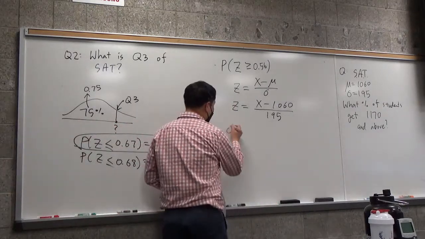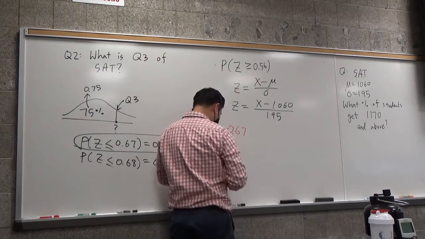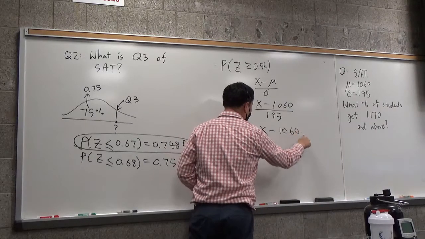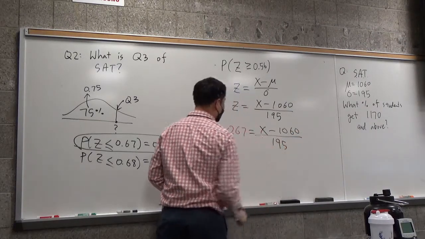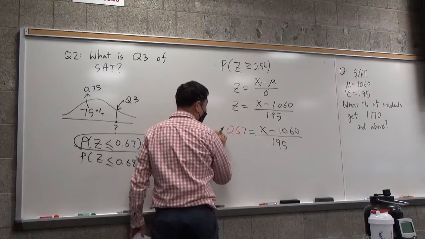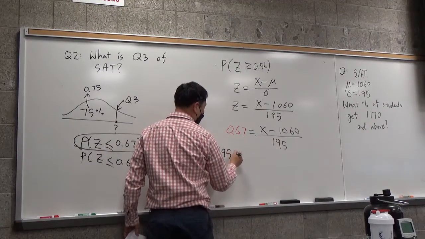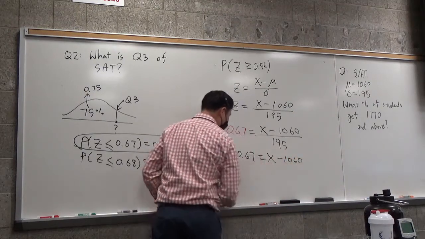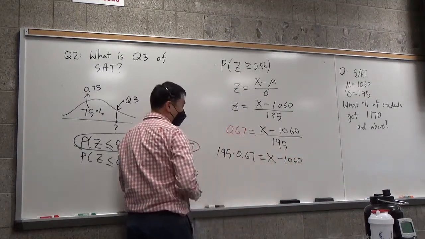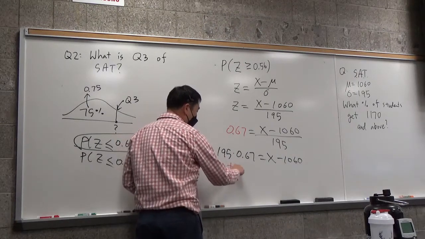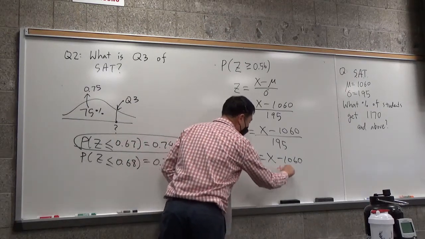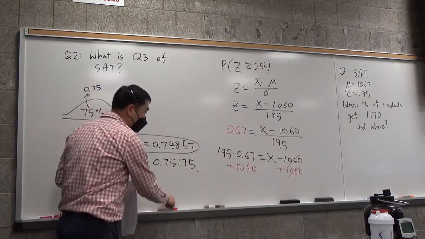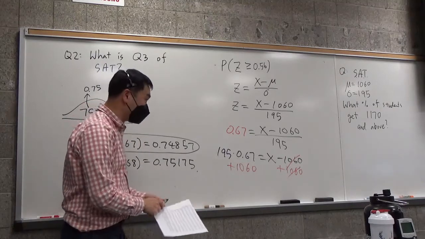We plug in 0.67 for z, and now we end up with an equation for x. So you multiply this, and then on here you'll have to get rid of the 1060 by adding 1060 to both sides, so that they cancel. And that's your value, which you can use your calculator for.